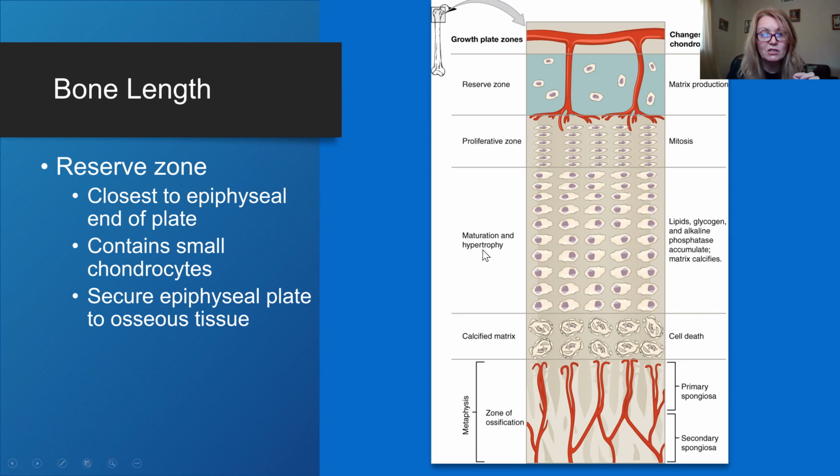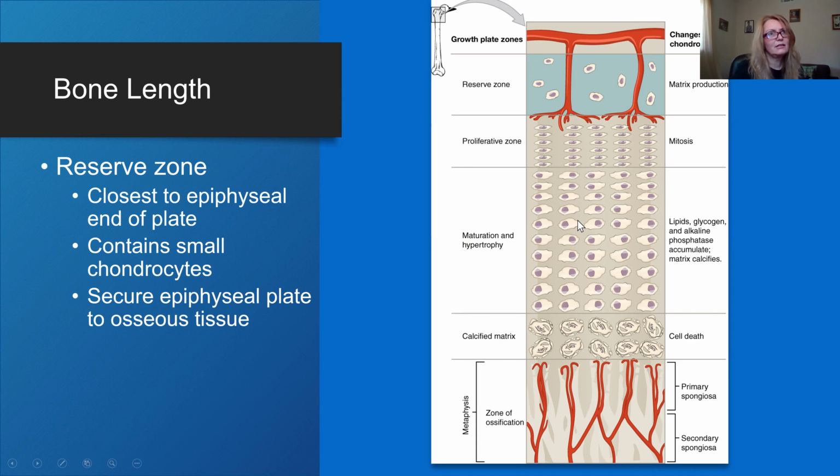Then you have the maturation and hypertrophy zone, where the chondrocytes become larger, so they become bigger. That's our hypertrophy. And they accumulate lipids, glycogen, and other organic molecules, plus calcium. Then we have the calcified matrix. This is where calcification happens and cells start dying.